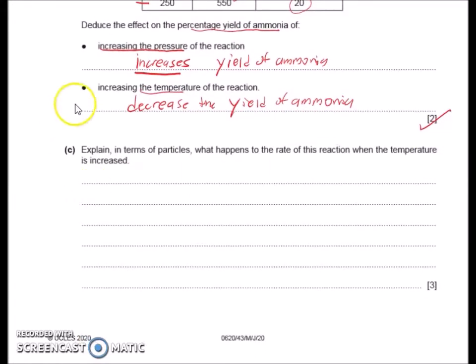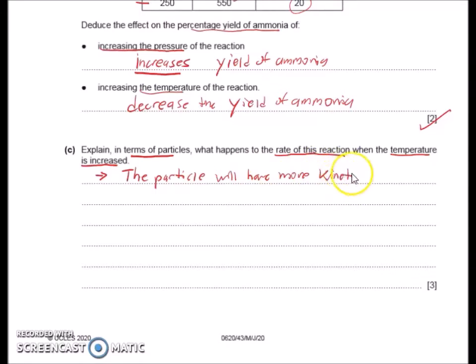Okay, explain in terms of particles what happens to the rate of this reaction when temperature is increased. Okay, here I will write the answer point by point. So the first point, when the temperature increases, the particles will have more kinetic energy, which is an increase in movement.